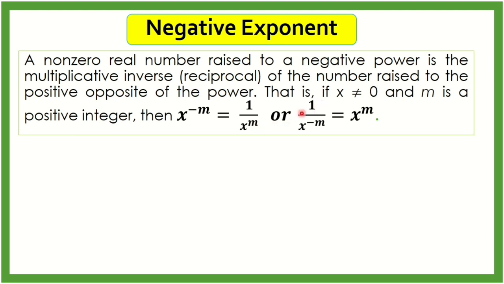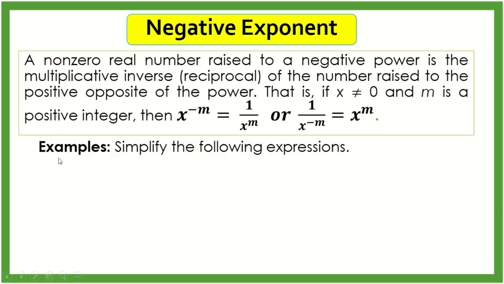Or, 1 over x minus m, so ang denominator natin yung may negative exponent. So, kunin natin yung multiplicative inverse ng 1 over x, that is x over 1, or x. And then, i-raise natin siya sa positive m. Okay, let us have examples.